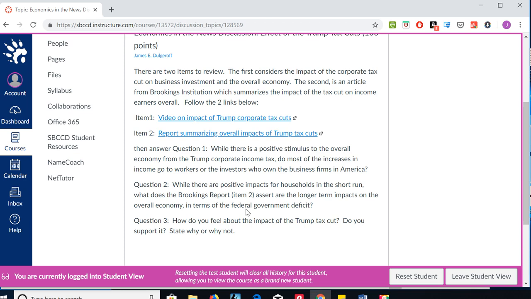Can it be sustained? And what's the impact on the federal deficit? If we're spending money and not collecting enough in taxes to cover those expenditures, then we increase the federal government deficit, and that may not be a good deal going forward if we look at it long term.